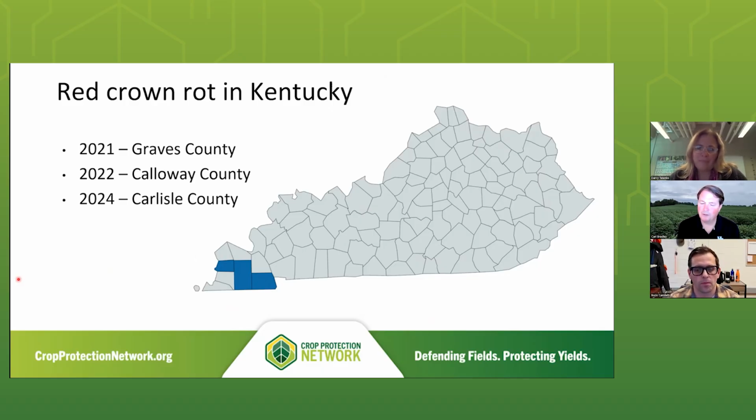And similar to what Boris just said about Illinois, although we have the entire counties highlighted here, there are just certain small areas within each of those counties that are affected. So it's not across the entire county. It's still a little bit limited, as far as we know, in the counties in Kentucky that we know it's at.